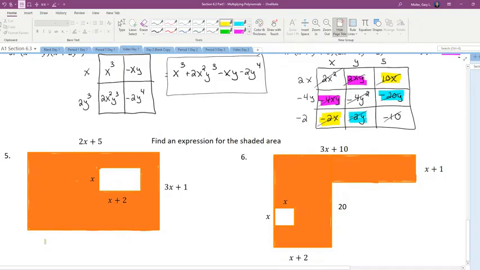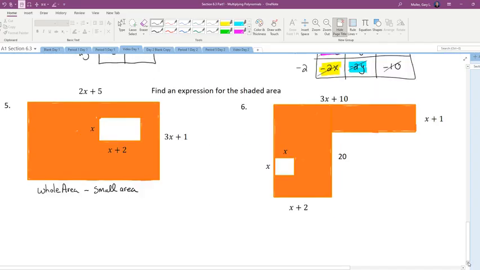So I'm going to say the whole area minus the small area. And so I need to find the area of the whole thing. So I need to do 2x plus 5 times 3x plus 1.